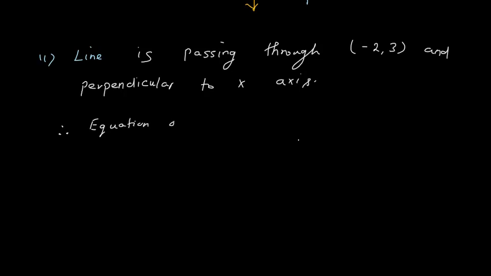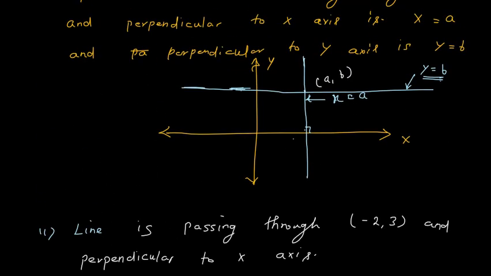Therefore the equation of the line is x equal to -2.